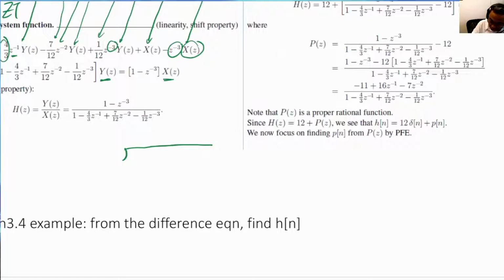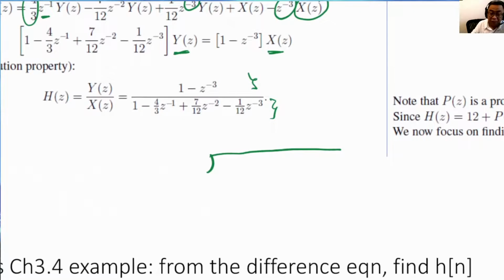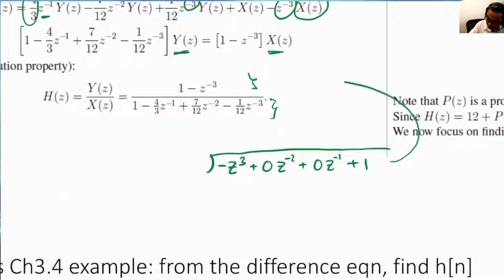We will divide this polynomial with this polynomial. We will write it in negative power of z. So it is -z^-3 + 0z^-2 + 0z^-1 + 1 to represent the numerator, dividing it by the denominator. In the denominator, we are writing it in power of z from the negative power first.